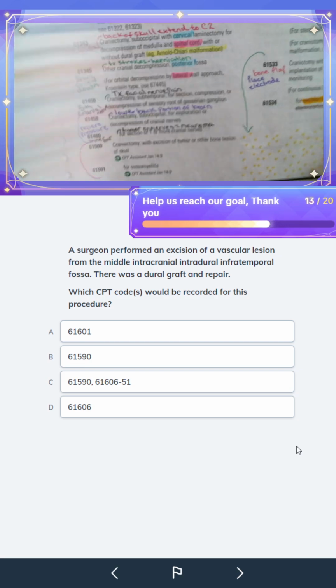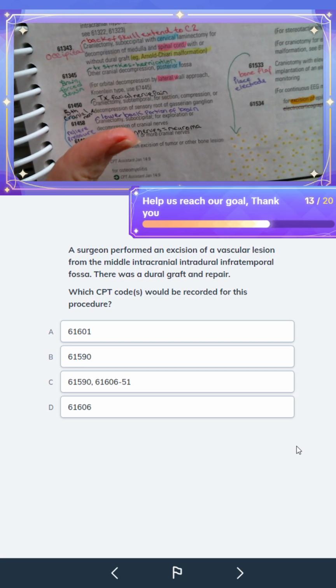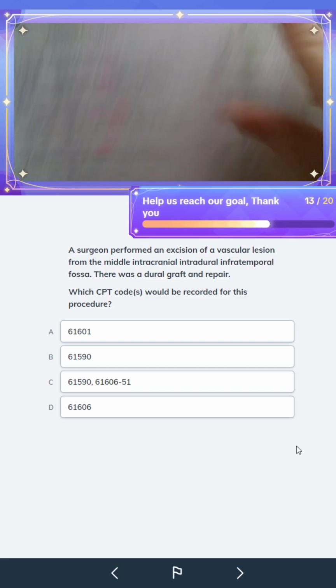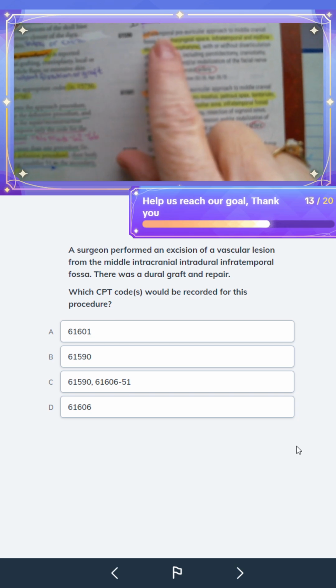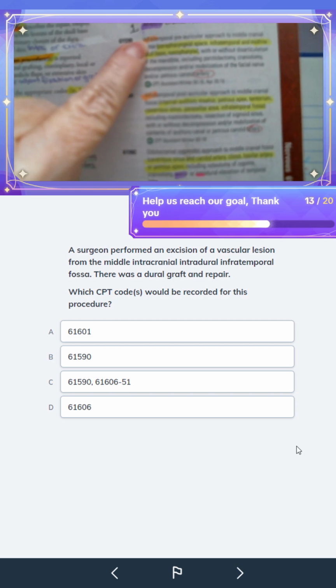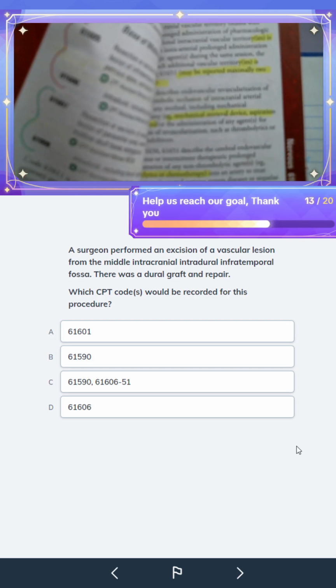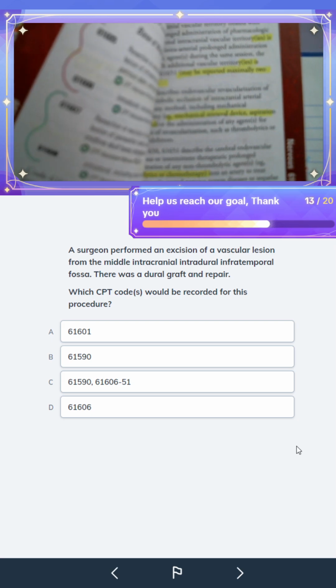First, go see if there's different headers for those. 61590 is infra, and then 616 01 is intra, and 06 is intra too.